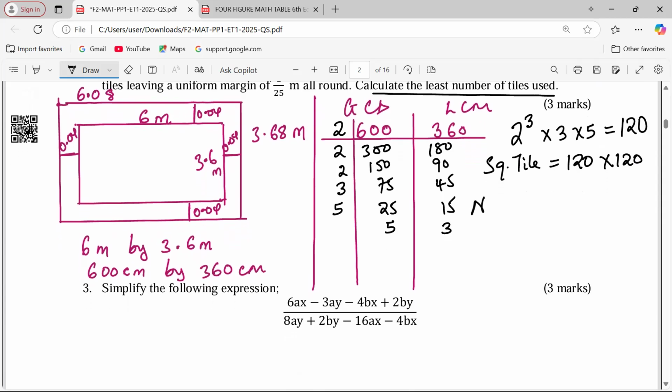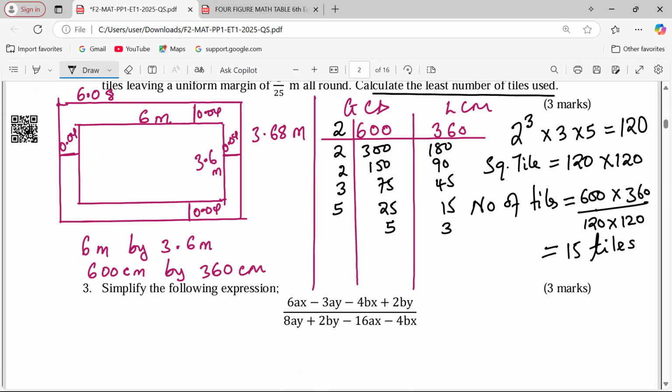So the number of tiles shall be given by the area of the room to be covered divided by the area of one tile, so that you may know the number of tiles to fit. This is giving me exactly 15 tiles. Yeah, 15 tiles are going to cover the room.